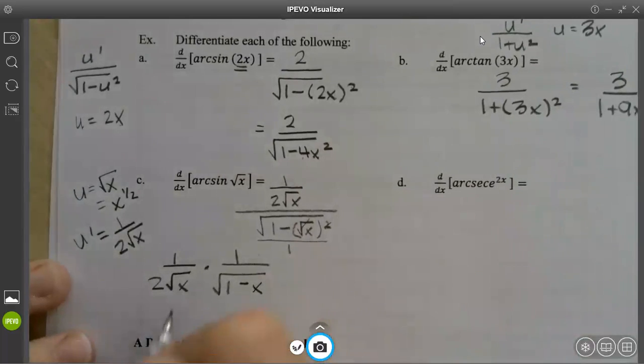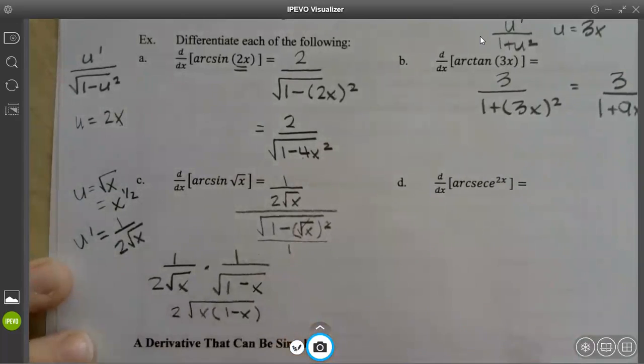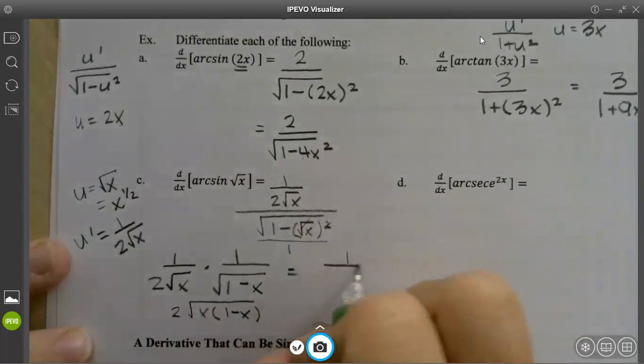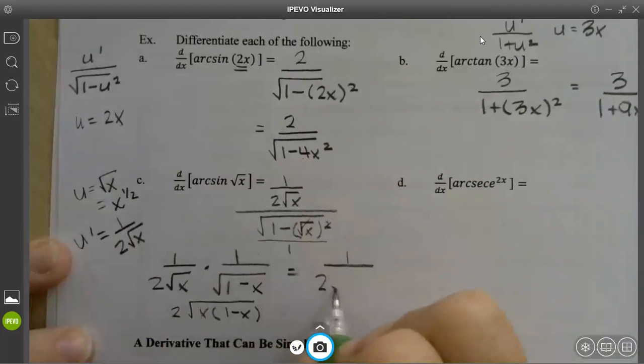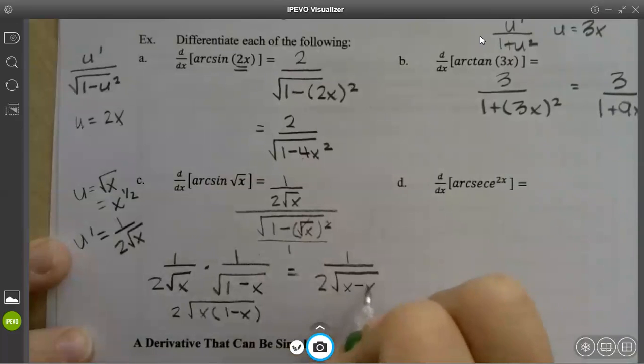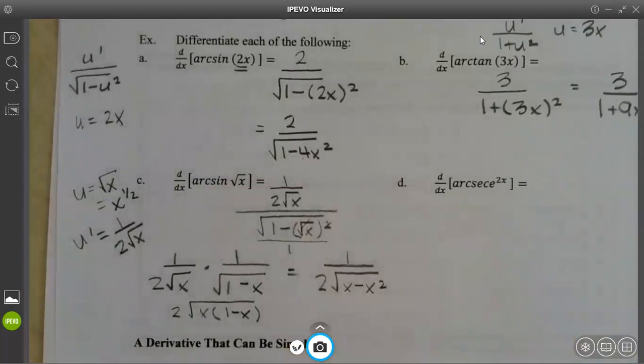Then on the bottom, I'm going to write it right here. You're multiplying x by 1 minus x. We can write it as one big square root. So on the top, you're going to have 1. On the bottom, you're going to have 2. Distribute that square root. x times 1 is x minus x squared.